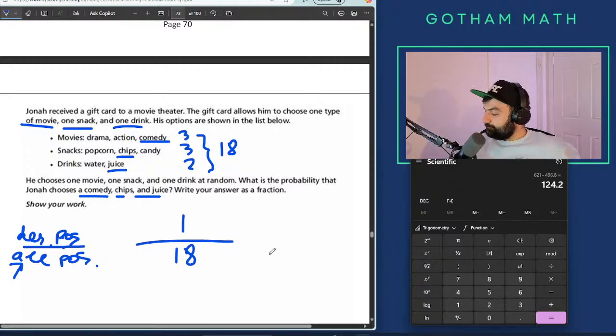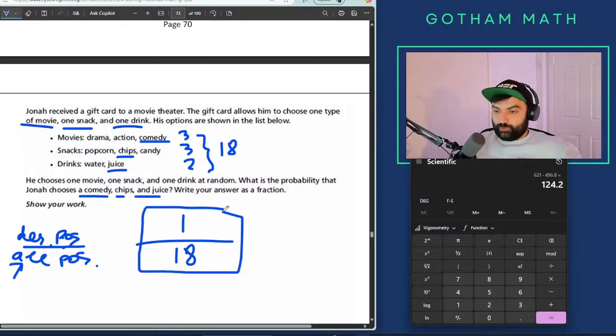Okay? So this is the answer. This is the probability. So that's the end of the question.